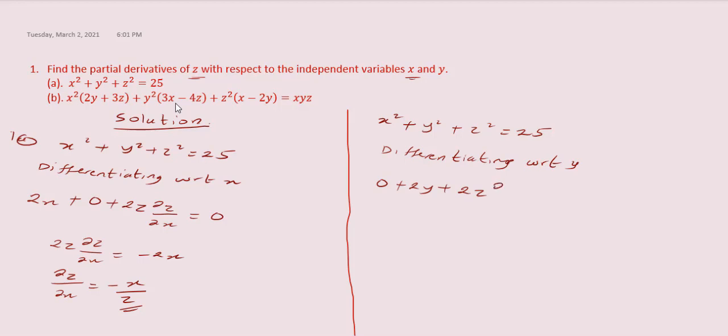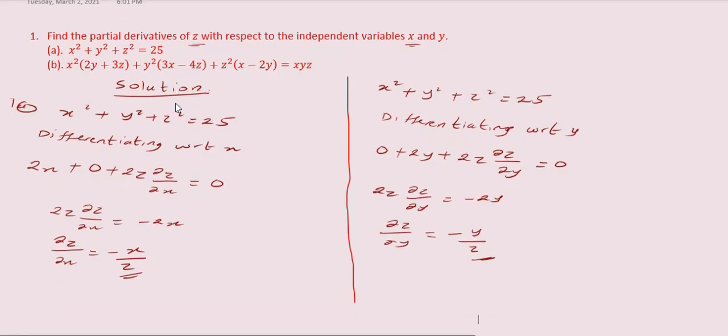Then this one will be dz dy is equal to 0. So again I will have 2z dz dy to be equal to minus 2y. Now divide both sides by 2z, dz dy will eventually be equal to minus y over z. So that is the answer to question number 1a.